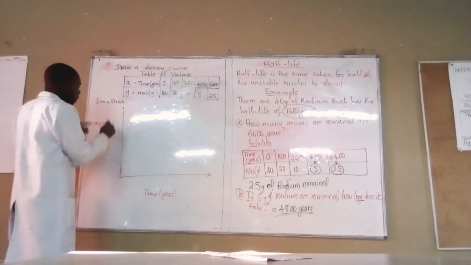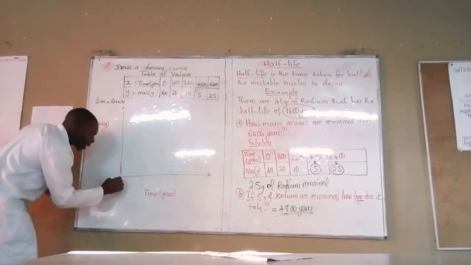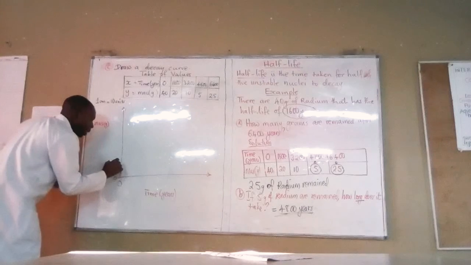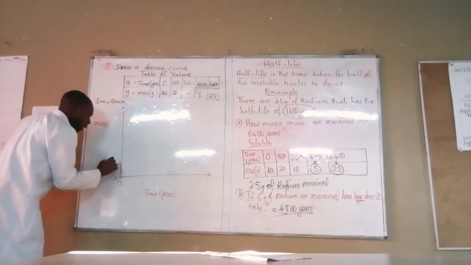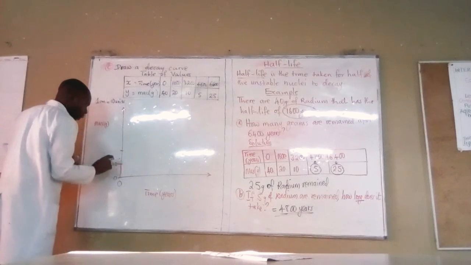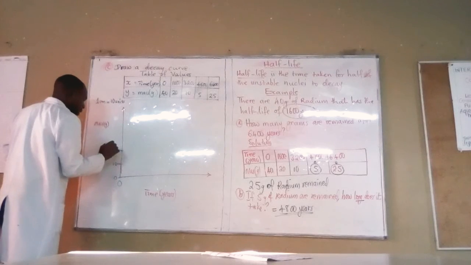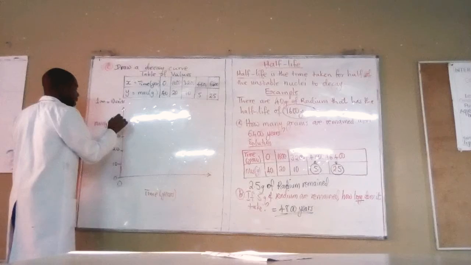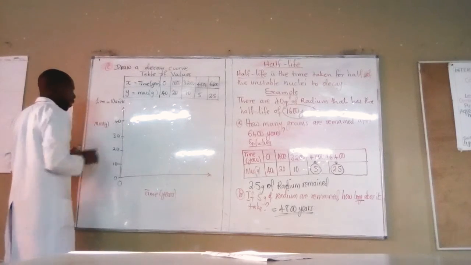So here we have 0, and then we have 0 here, then we have 10, 20, 30, 40.